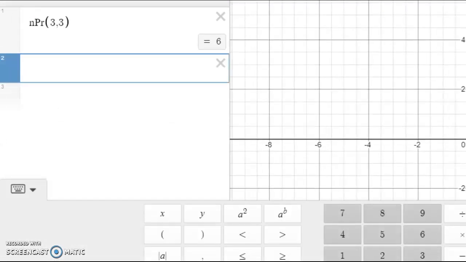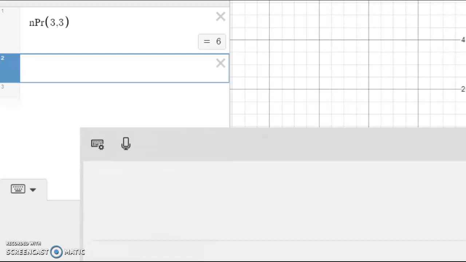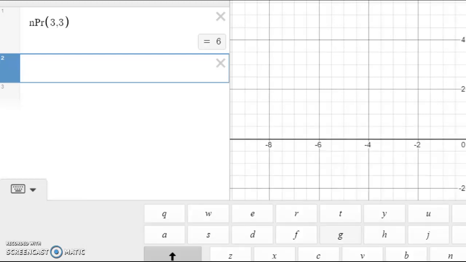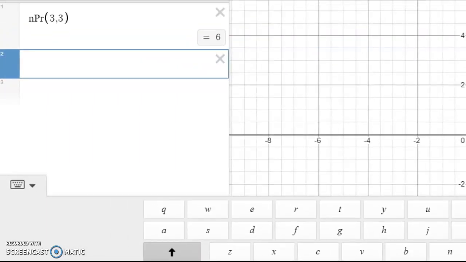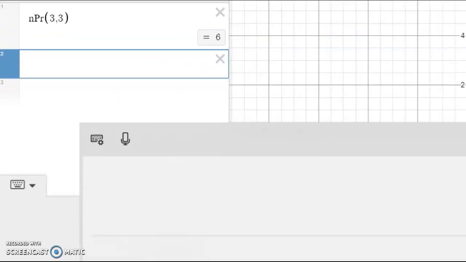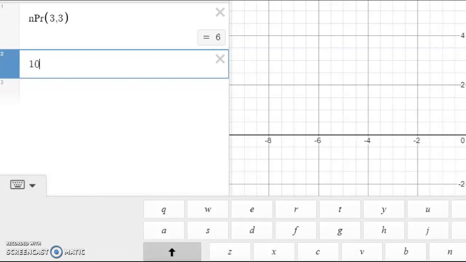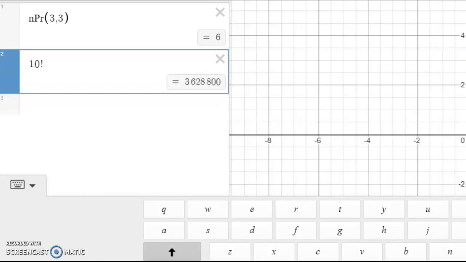And you actually can type this in here. It is right here when you hit the ABC button. When you hit the ABC button, there's your factorial, or it will just let you type it in. 10 and then shift, and you'll get the answer right there.